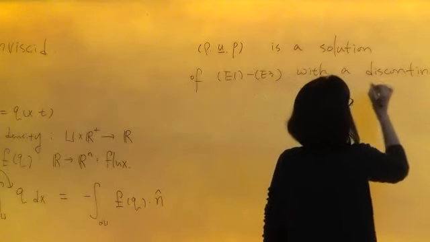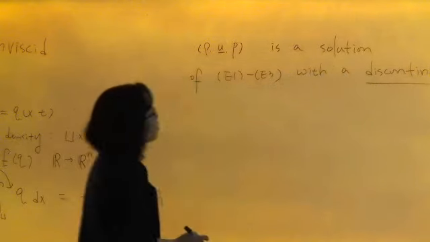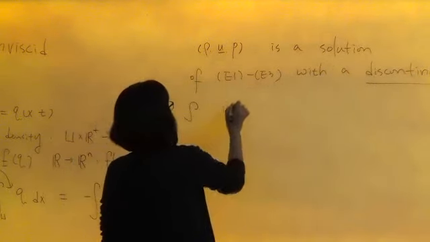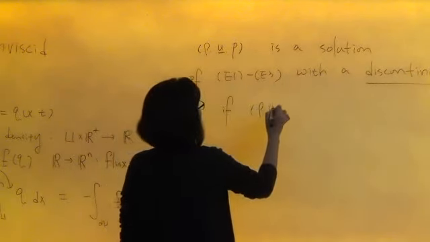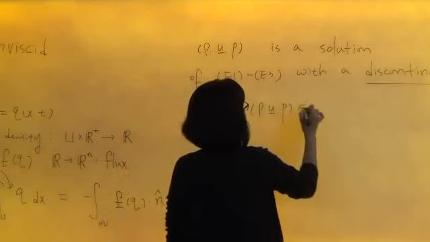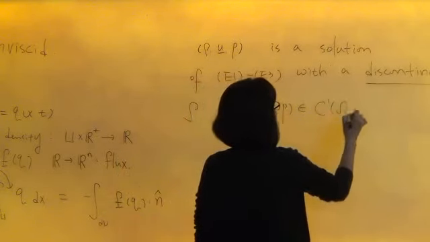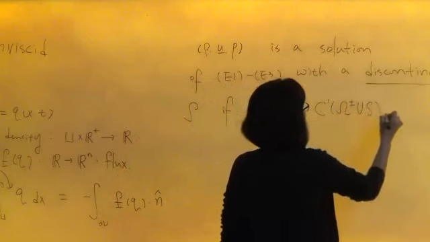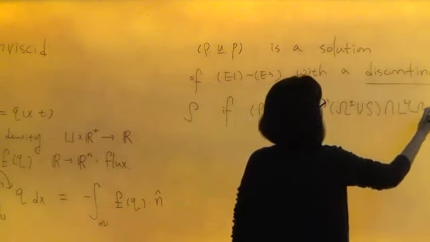I didn't say the word shock yet, and for some reason, the discontinuity S, if first they are in the class of piecewise C1, omega plus minus, union S, intersection L2 omega.